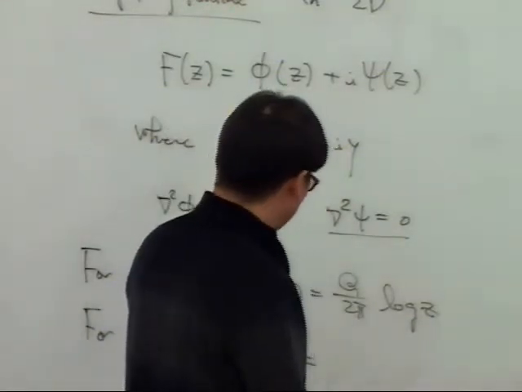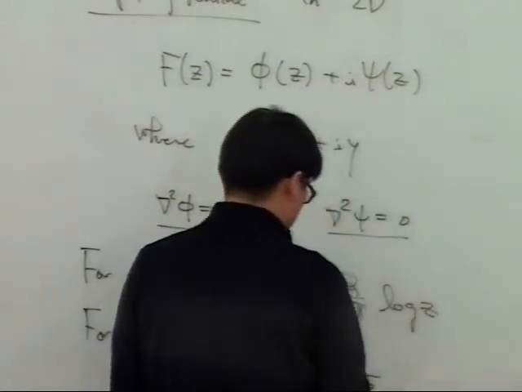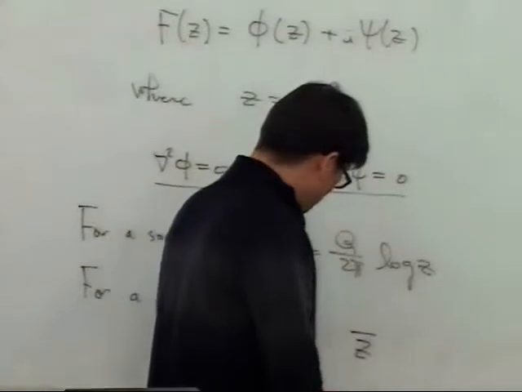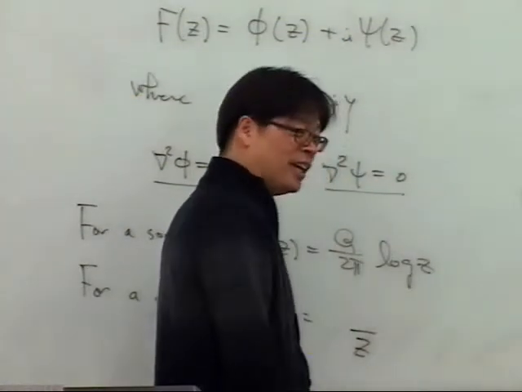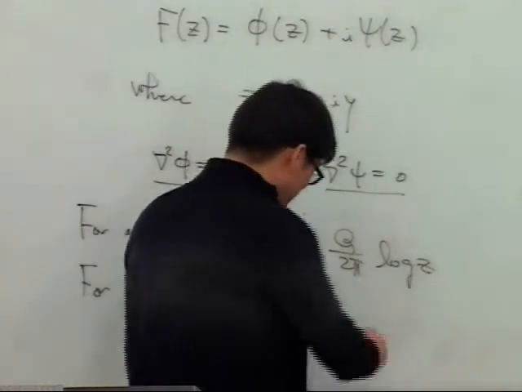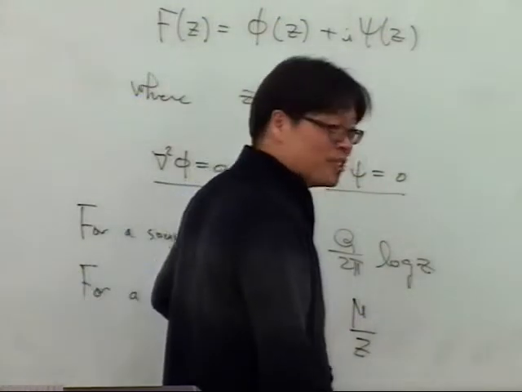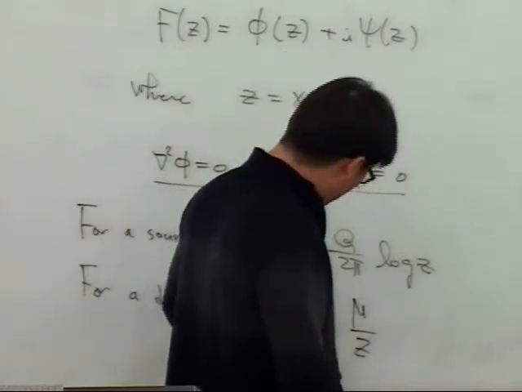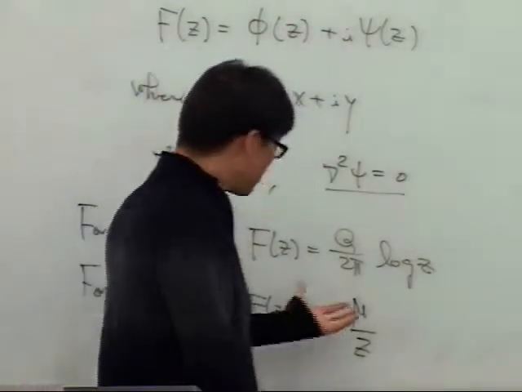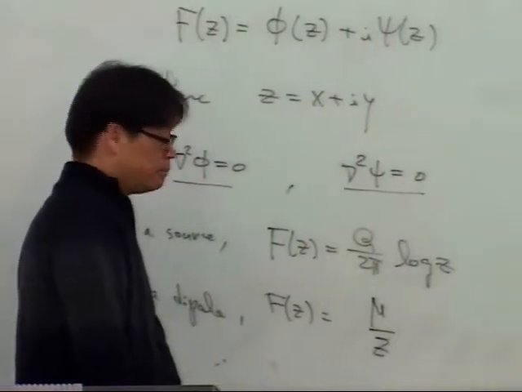What did I use for dipole? Do you have any letter that you want to write for the strength of dipole? Mu? Although this has nothing to do with viscosity. That's what we usually use, but I do not want to make it confusing. This mu is not the viscosity, okay? So there's some constant. So the complex potential for dipole is given by that.